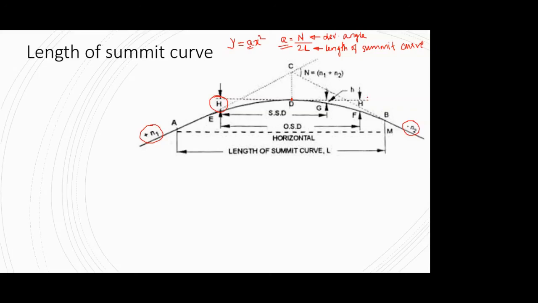So these are the two things on which the length of the summit curve really depends. That is the capital H, which will be the height of the eye level of the driver, and the second one will be small h, which will be the height of the obstruction.